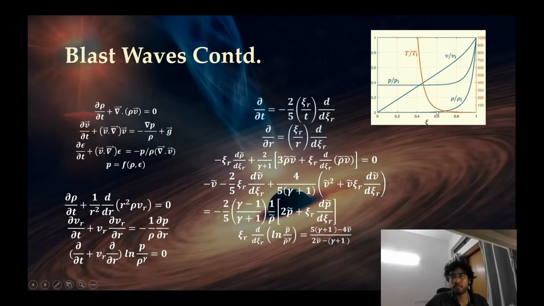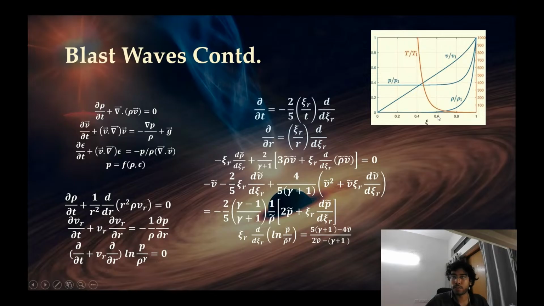And if you see, at the shock front, the boundary conditions of this differential equation say that all of these terms will go to 1, right? So v equals v1, rho equals rho1, and p equals p1. But you see that apart from velocity, the density and pressure have a very sharp increase close to the shock boundary.